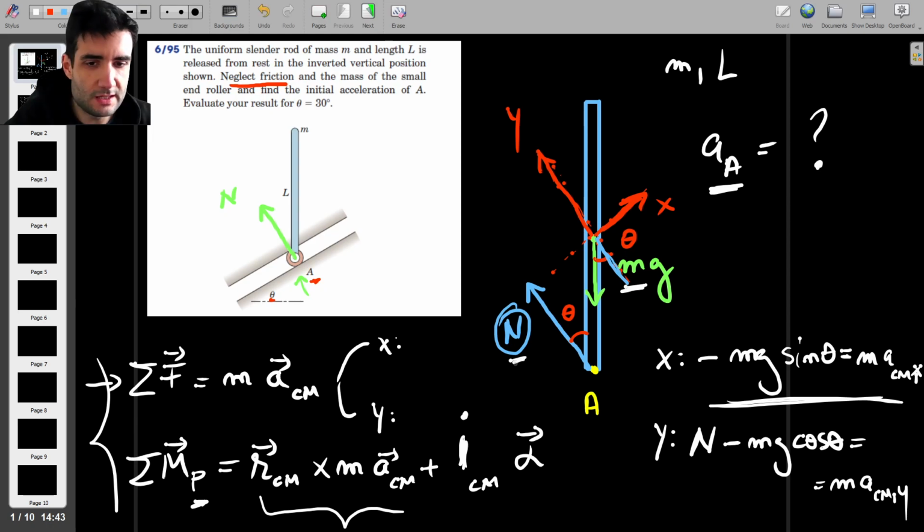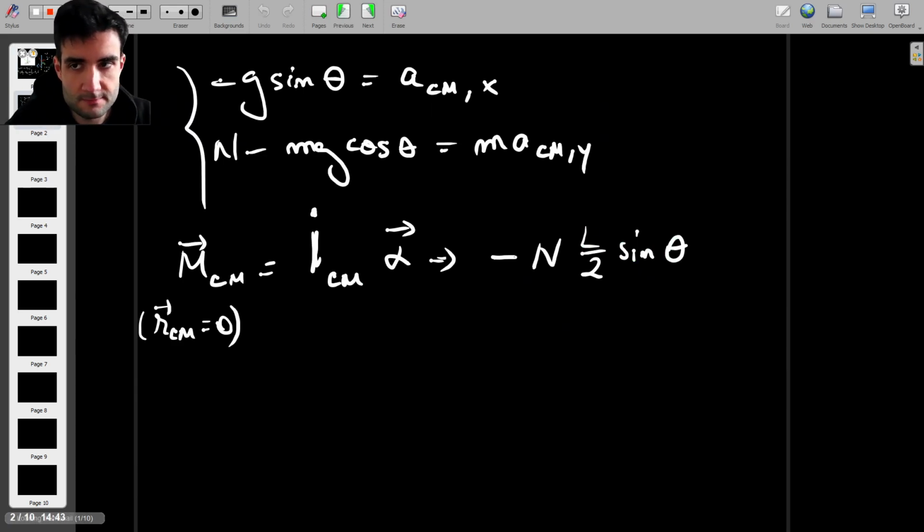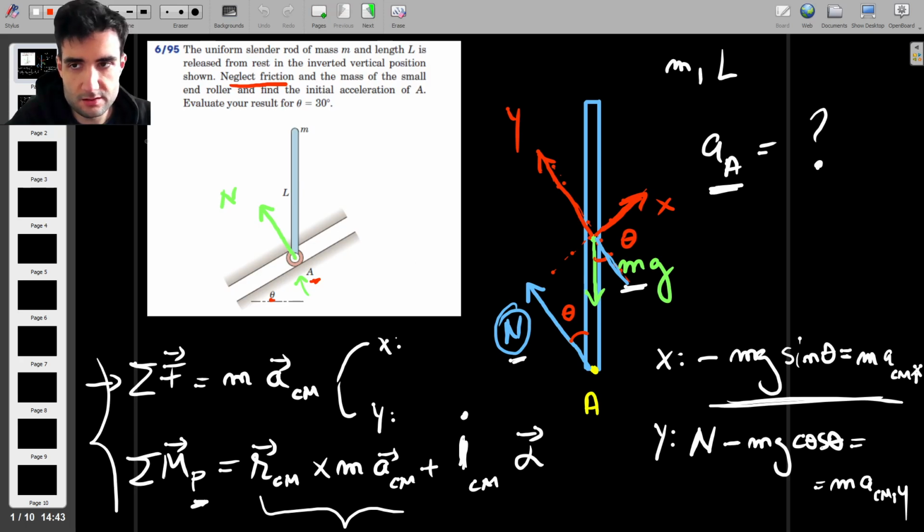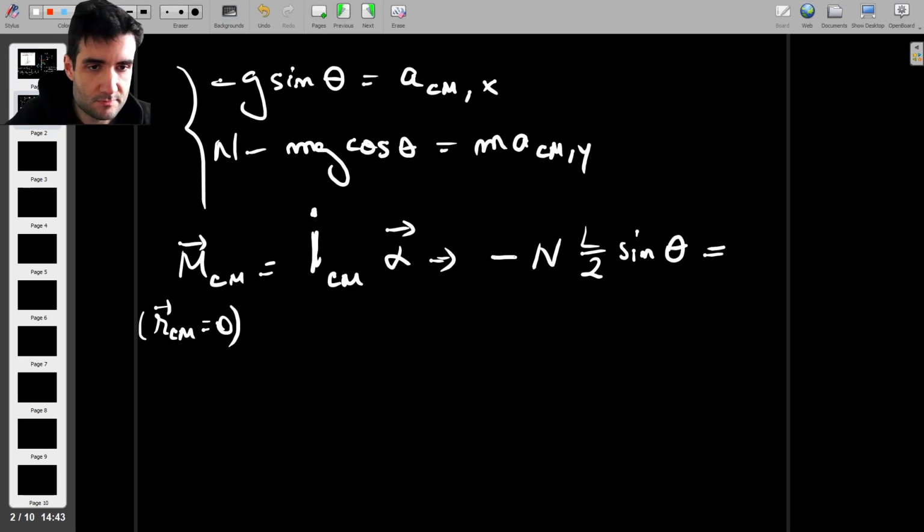So I'm saying that n produces a clockwise moment, which means that's going to be considered negative, so it will be minus n times half L sine theta is equal to the moment of inertia about the center of mass, which is 1 over 12 mL squared times alpha.